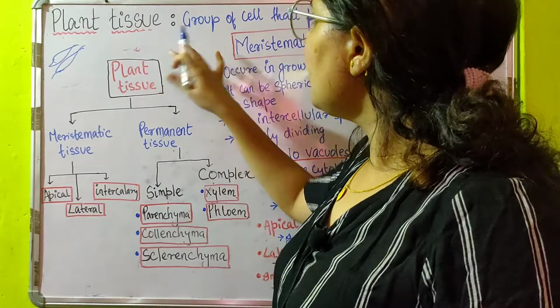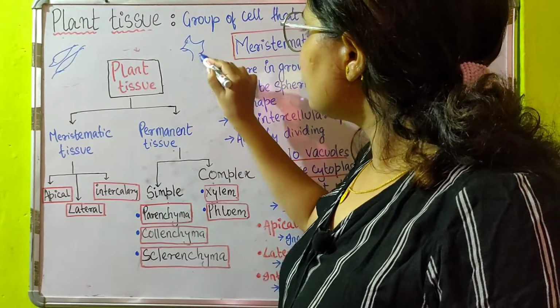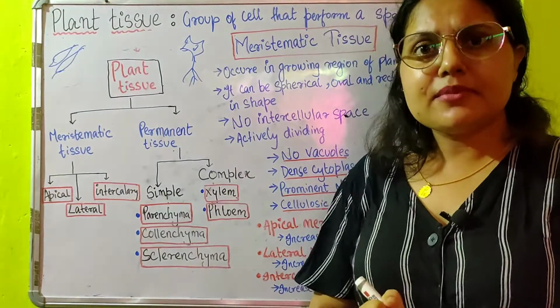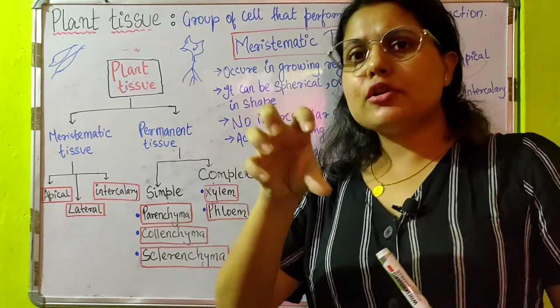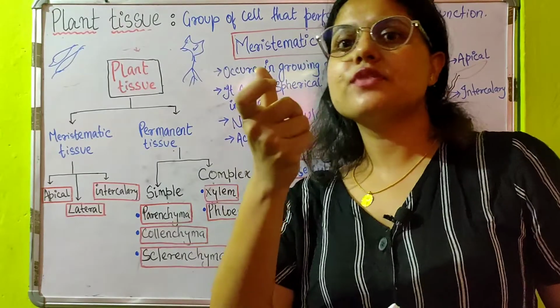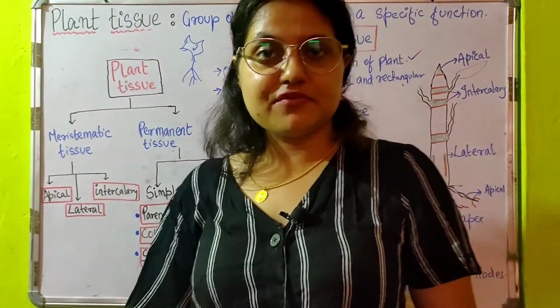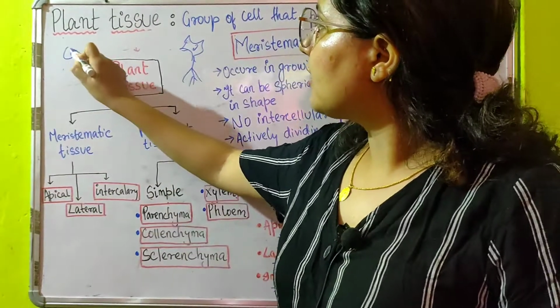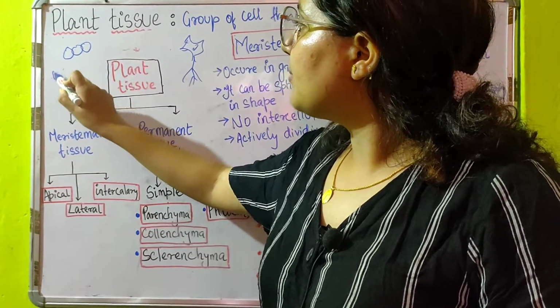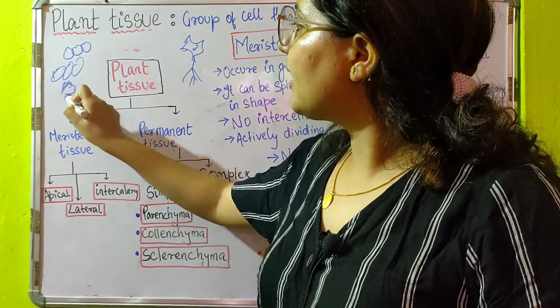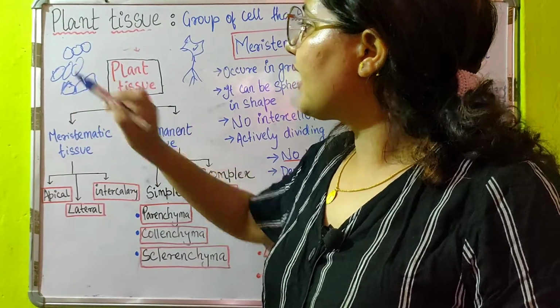You have studied the nerve cell, the nervous tissue, they have this kind of shape, right? It means all the cells in that particular tissue have a specific shape. But the meristematic tissue does not have a specific shape. They can be oval, spherical, or rectangular, any shape they can have.